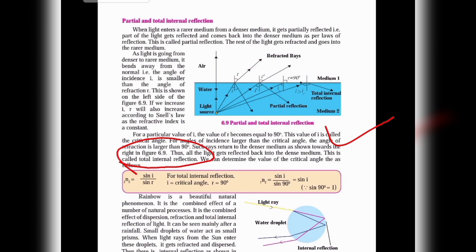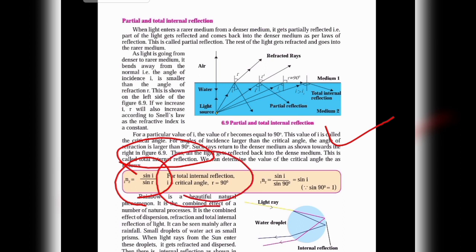We can determine the value of the critical angle as follows. First, 1n2 is equal to sine i upon sine r. We already discussed this point in our last part. For total internal reflection, the angle i is the critical angle and r is equal to 90 degrees.